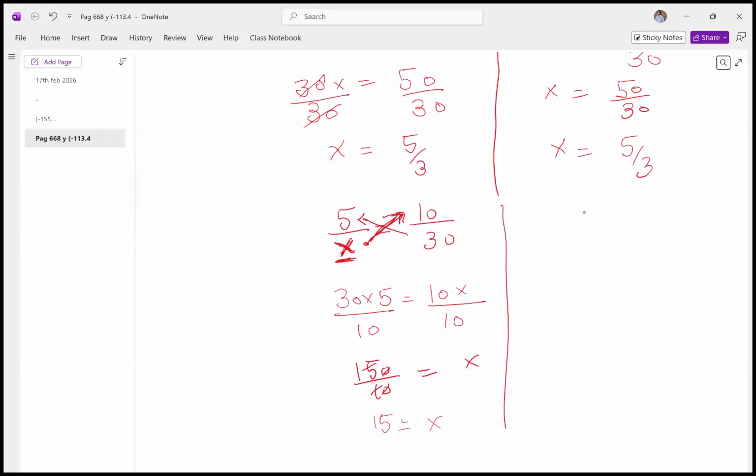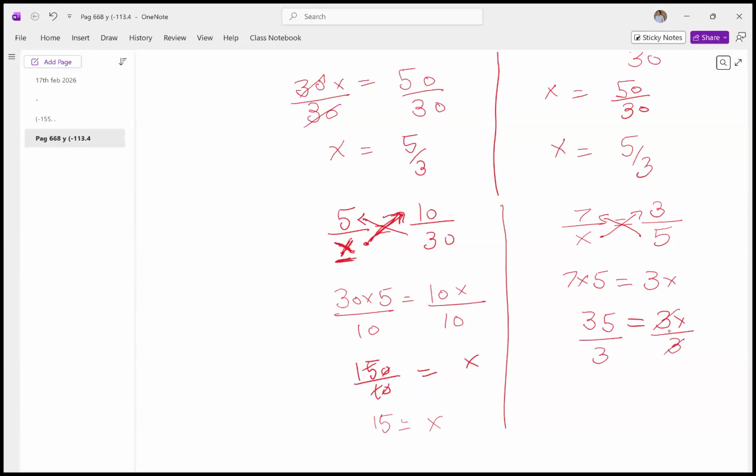Another question. So if it is 7 over x equal to 3 over 5, what can I do? I can cross multiply the terms. This goes here, this x goes with this term. So 7 times 5 equals 3 times x, which is 3x. So 3x equals 7 times 5, which is 35, and then dividing both sides by 3.